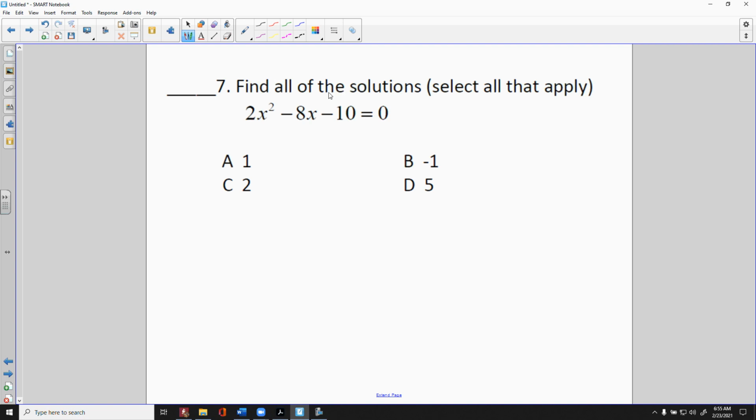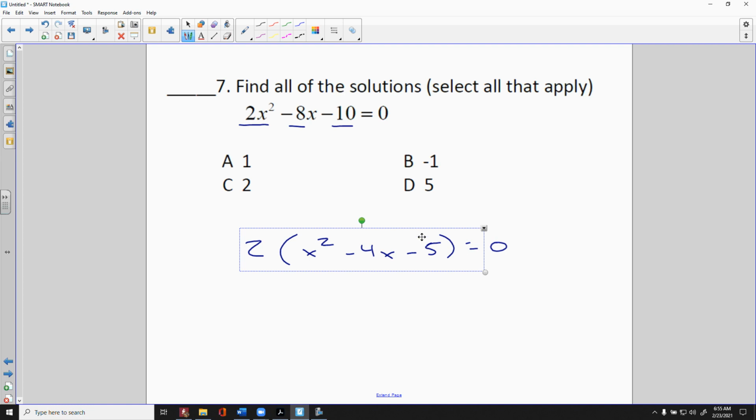I'm going to keep moving. Find all the solutions. All right, so I can choose to factor, or I can use the quadratic formula. Either way, it doesn't matter. I'm going to try and factor just by trying to take out the greatest common factor first. And I can do that. If I divide everything by 2, that should be 4x minus 5 equals 0.